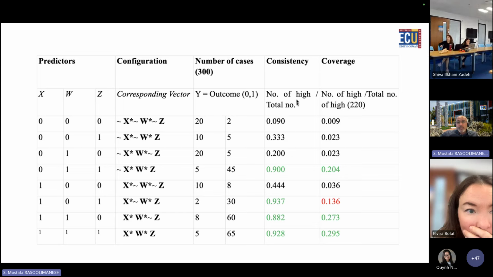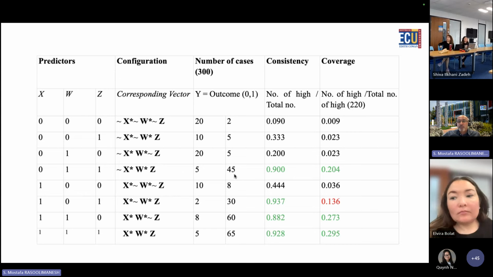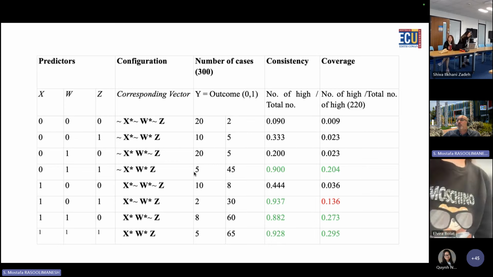So Y is high for 45 out of these 50. So consistency is 45 divided by 50, the total number of cases with this specific configuration. So the value of consistency is 0.9.